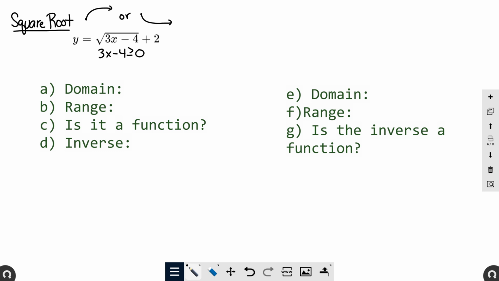That's how we find our domain, and it's easiest to find it by hand. So take whatever's under the square root, put it greater than or equal to 0. Now solve for x. So we would add 4, then divide by 3. So your domain is x is greater than or equal to 4/3.